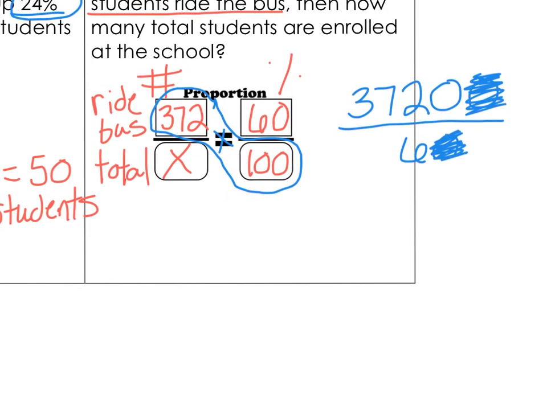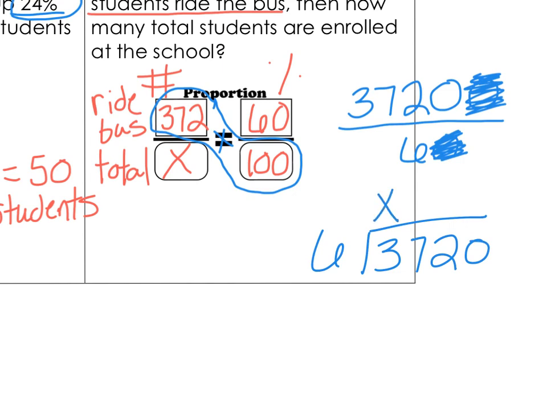I can divide 6 into 3,720. All right, so 6 does not go into 3, but 6 goes into 37 6 times. 6 times 6 is 36. 7 take away 6 is 1. 3 take away 3 is 0. Bring down your 2. 6 now goes into 12 2 times. 6 times 2 is 12.